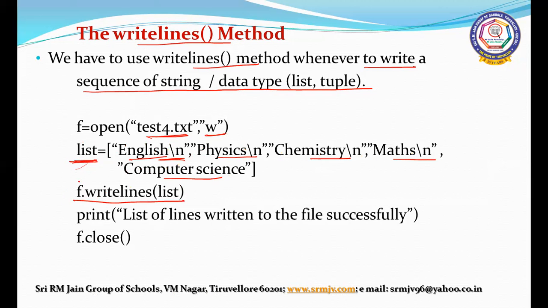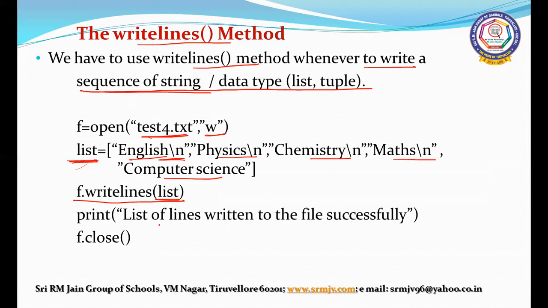F is nothing but the file object which is associated with the file name. So we are writing the contents of the list. So what are the contents? English, physics, chemistry, maths and computer science. These contents we are writing into the file, that is a sequence of strings we are writing into the file.